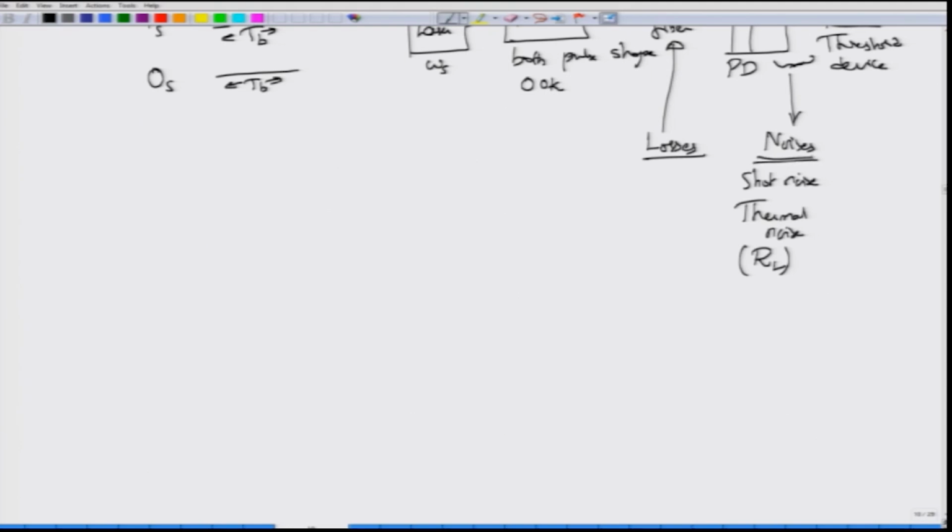What would the losses do? Suppose you transmit power P1 when you are transmitting a bit 1 or the symbol 1. You start with a power P1. However, as a function of the length of the optical fiber, this power P1 starts to drop. So, at some length L here, you say that I am going to stop at this point, because if I let it go further, the optical power would be reduced below what my detectors can detect.